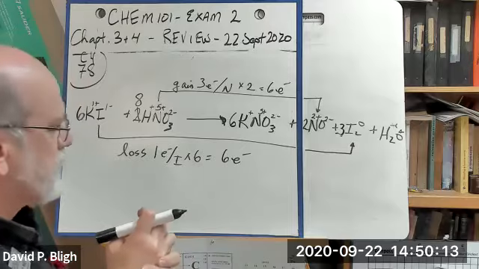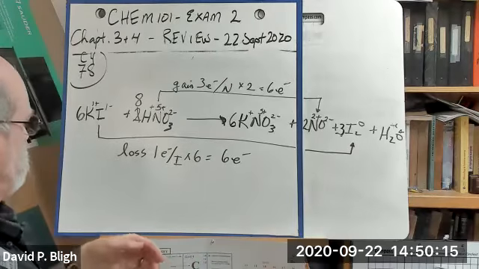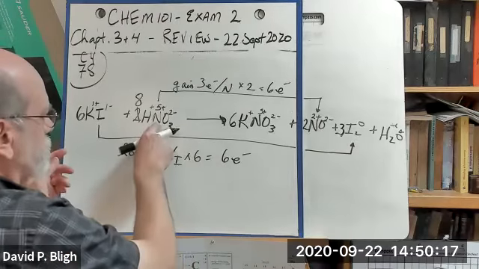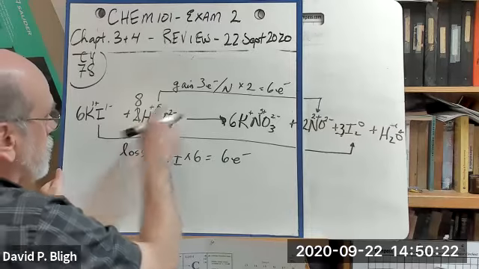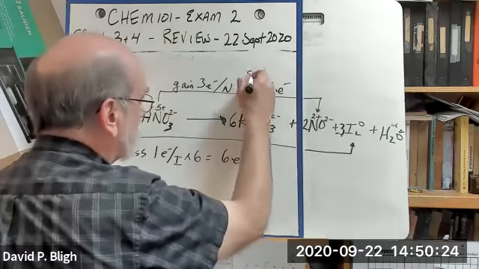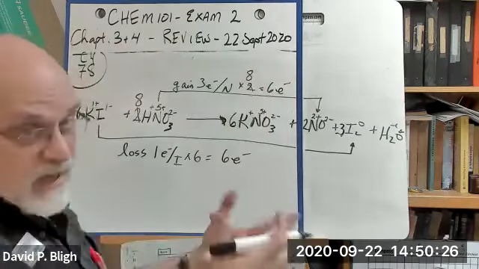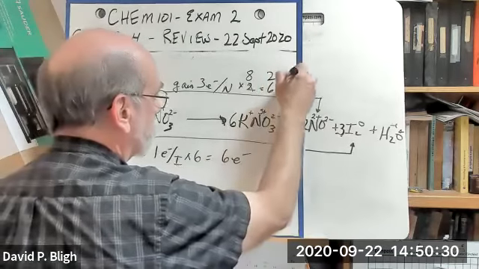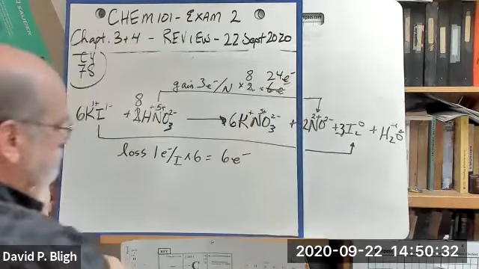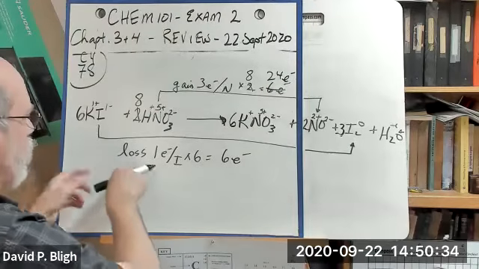Okay, so let's reconnoiter. What have we done here? We've said instead of 2, we've got 8. All right, so now we've changed the electrons again. So that's 24 electrons. So how do we get 24 electrons out of this?